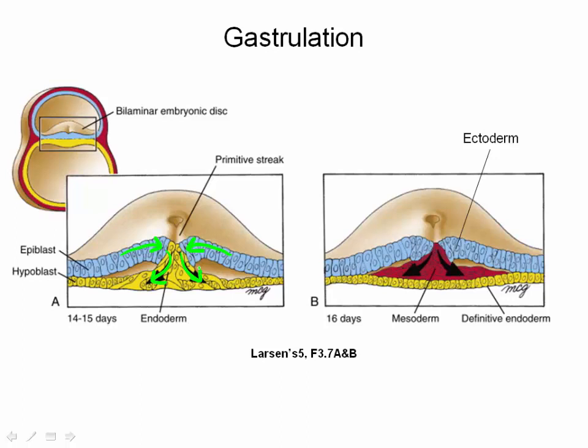Ingressing epiblast cells move into the underlying layer of hypoblast cells and push them to the side, thereby displacing them from the future embryo entirely.